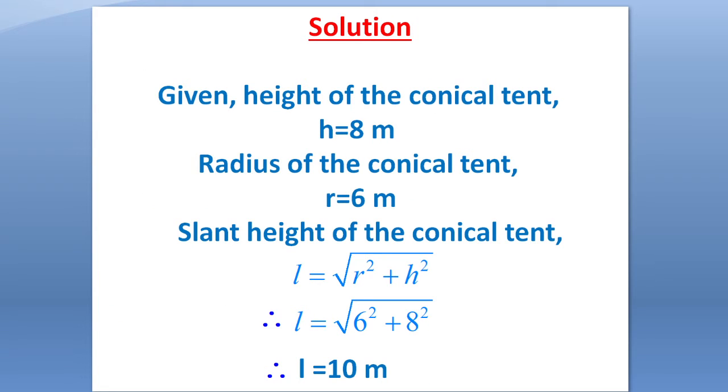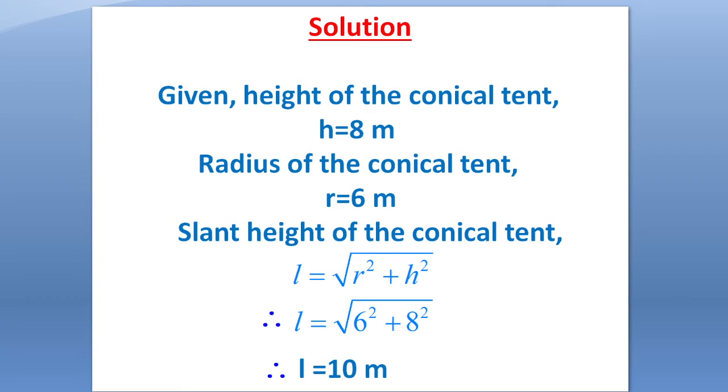So now see here. Solution: given height of the conical tent h is equal to 8 meter and radius of the conical tent r is equal to 6 meter.